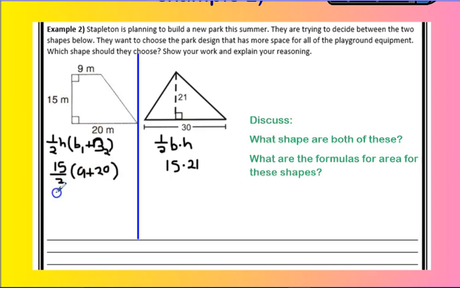So we have 15 over 2 times 29. So 15 divided by 2, if you used your calculator, is 7.5. We need to multiply 7.5 times 29.